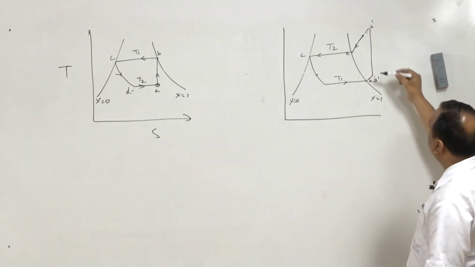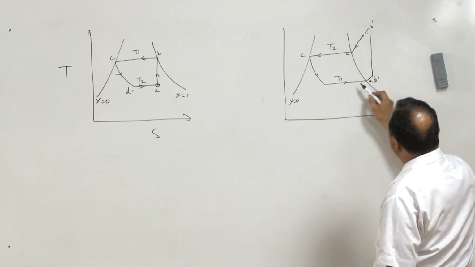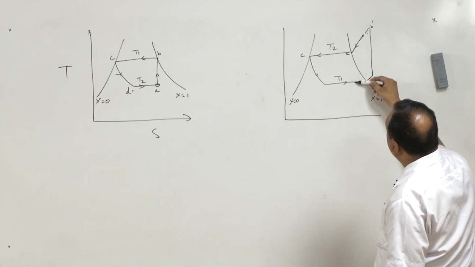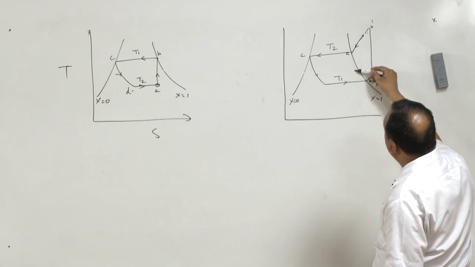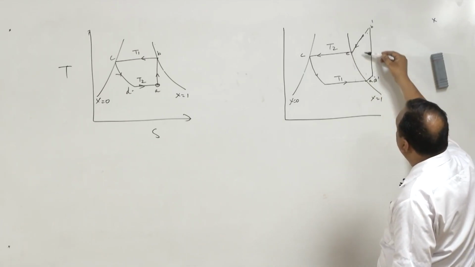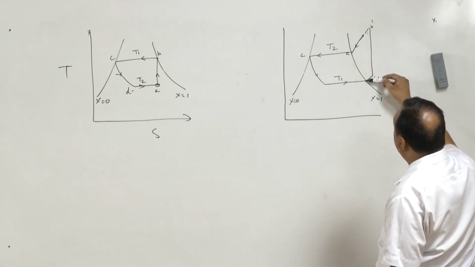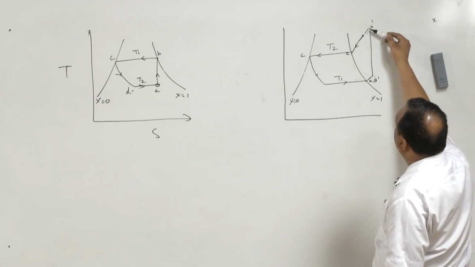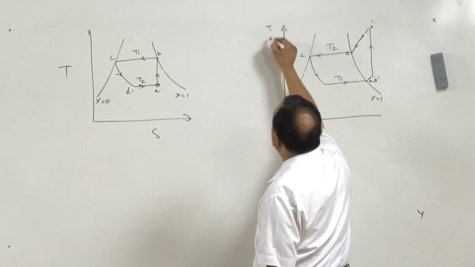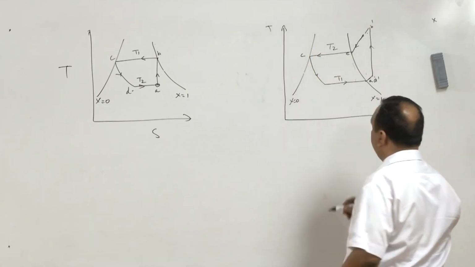Now, you can see here that as we keep on heating the vapor, the compression work was minimum when we were compressing the vapor from this point to this point. When we are compressing the vapor which is saturated, the compression work increased, and when the vapor is superheated, compression work further increased. This is temperature and this is entropy.